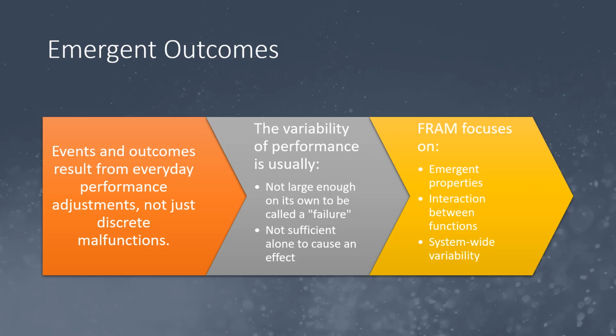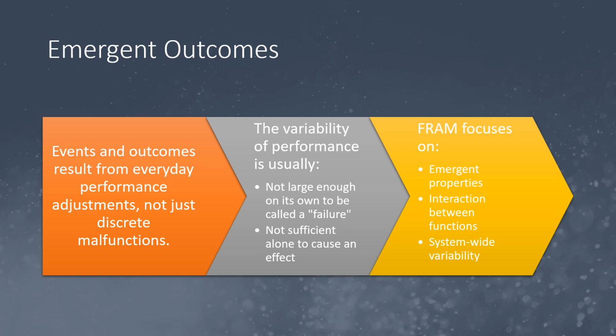The final principle is we will have outcomes that will emerge as a consequence of this variability. Subsequent events and outcomes result from everyday performance adjustments, not necessarily discrete malfunctions. The variability of performance is usually not large enough on its own to be called a failure, and not sufficient alone to cause an effect or an error or a hazard.